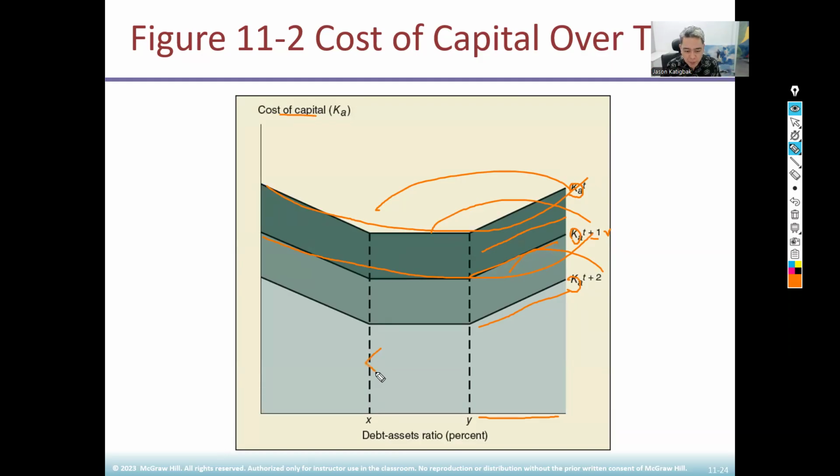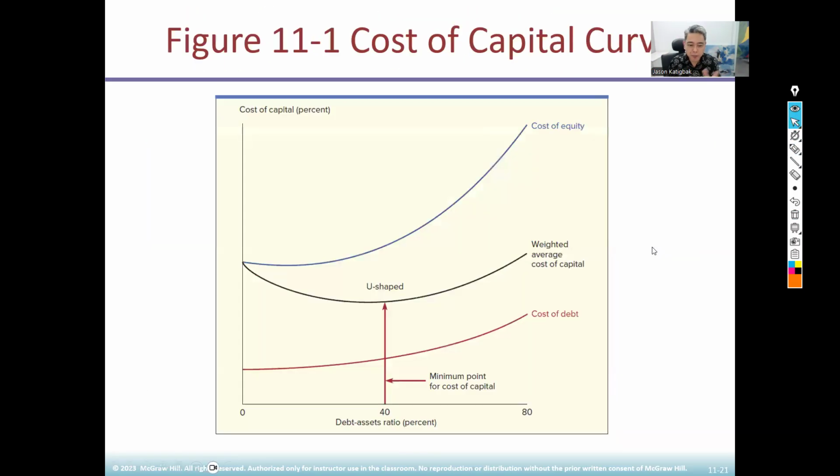That's why the optimum time needs to be computed when everything else is low on the average, right? That's why we always say we need to get the optimum weighted average cost of capital, which is the lowest point. There you go.